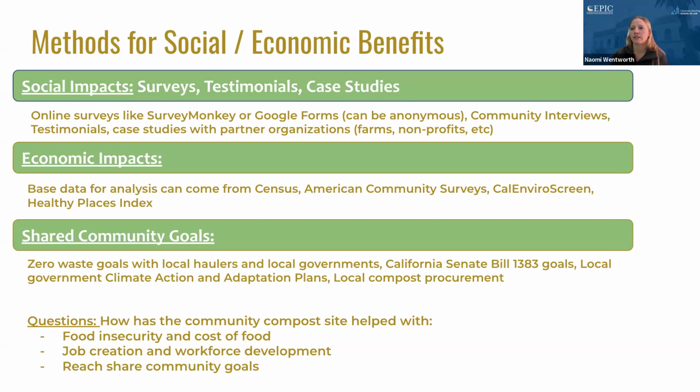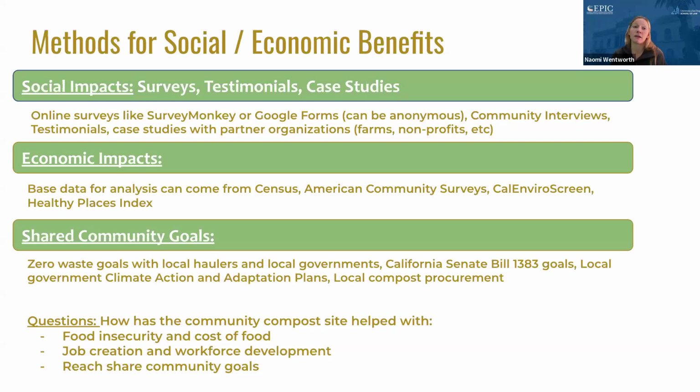And then finally, on shared community goals, each of you works within a community in a context where there are a lot of people wanting zero waste goals. So places to look for how you are aligning with broader community goals would be: does your local hauler have a zero waste goal?